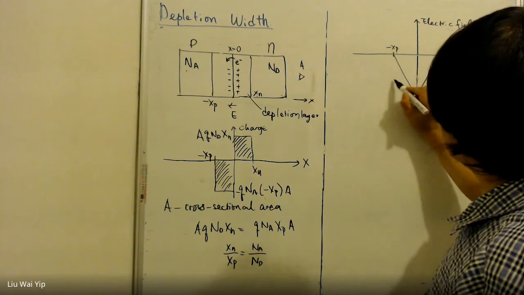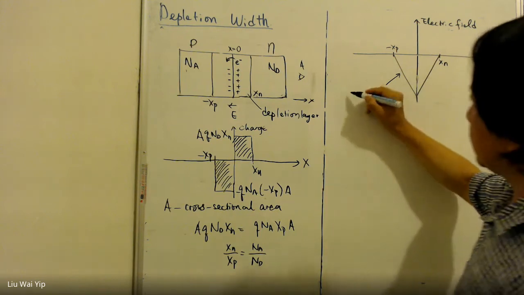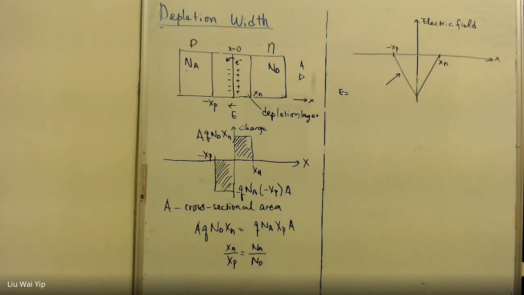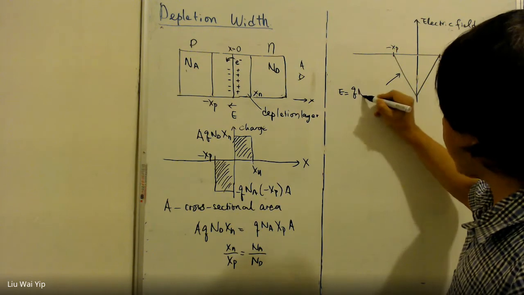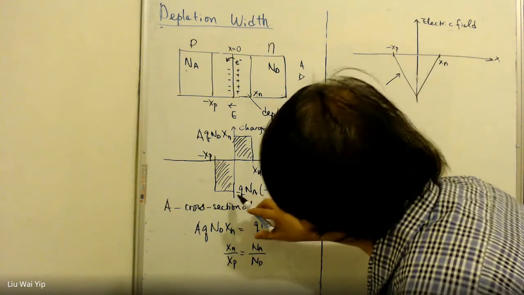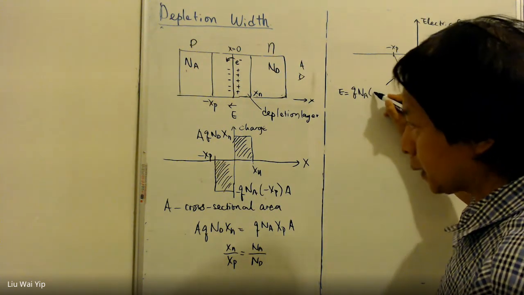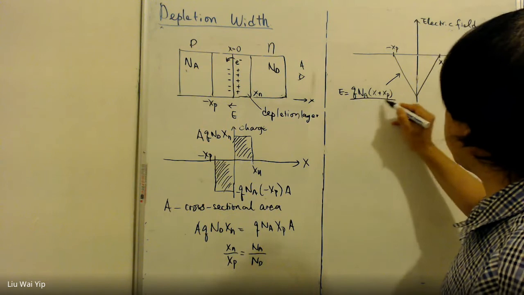So the electric field for this portion of the line is E equals Q N A, and then x plus xp divided by epsilon.